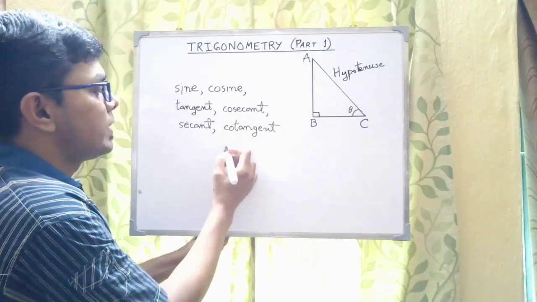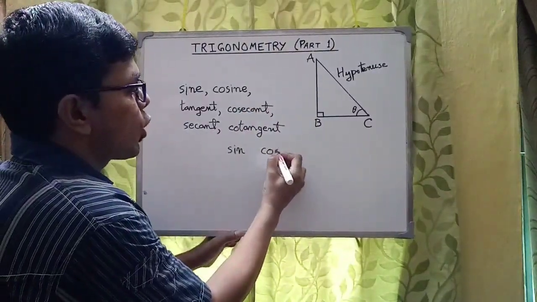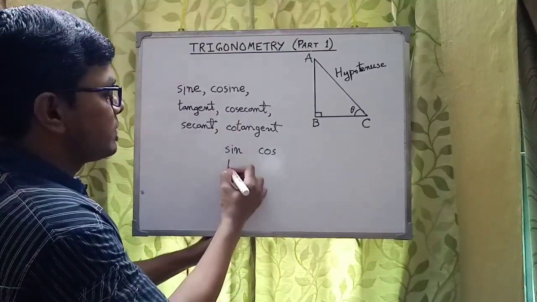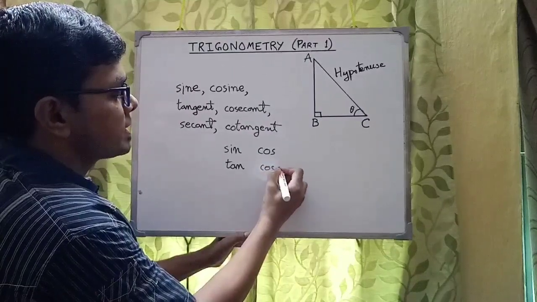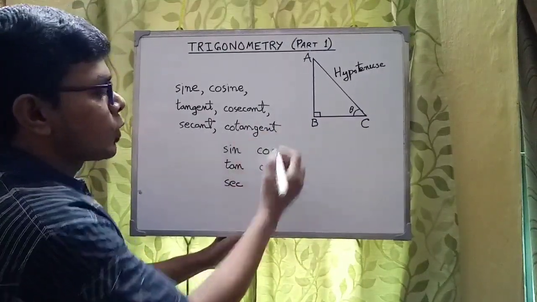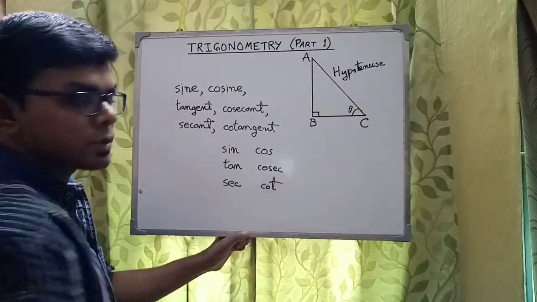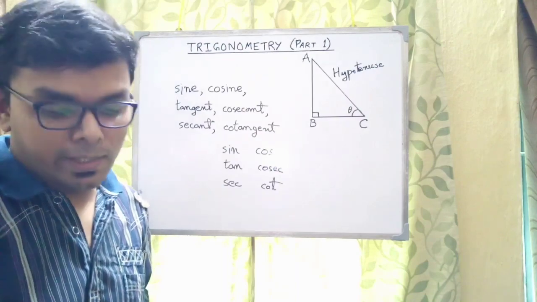Like for sine, we write sin. For cosine, we write cos. For tangent, we write tan. For cosecant, we write cosec. For secant, we write sec. And for cotangent, we write cot. Okay, this is just to simplify our working.